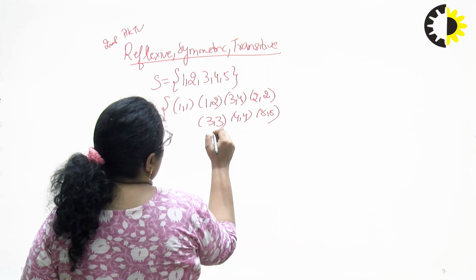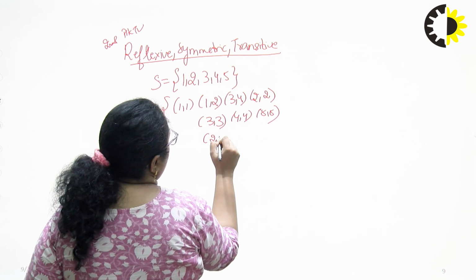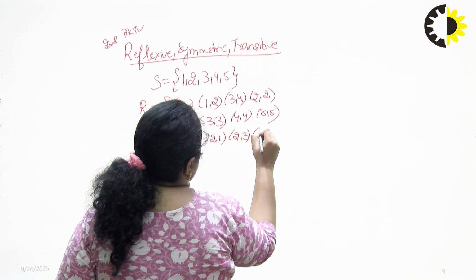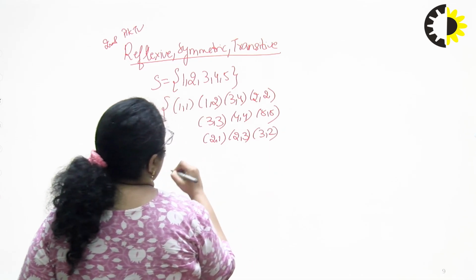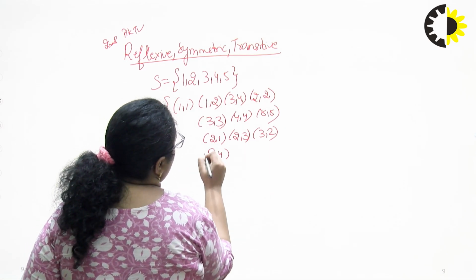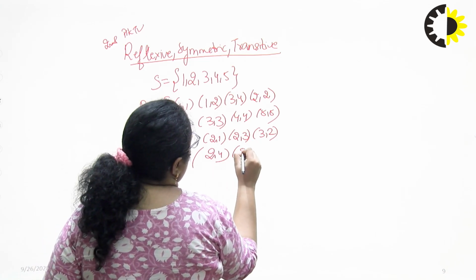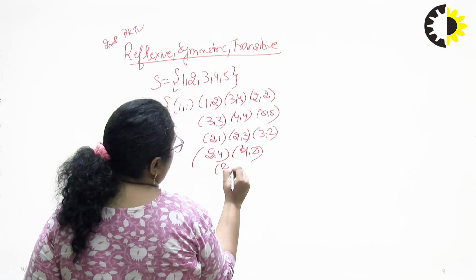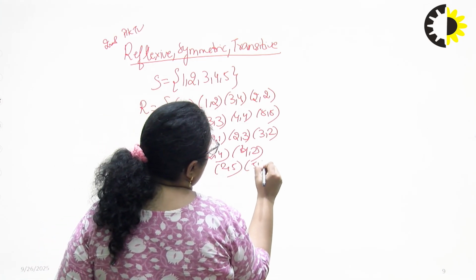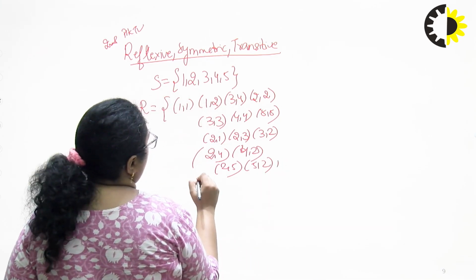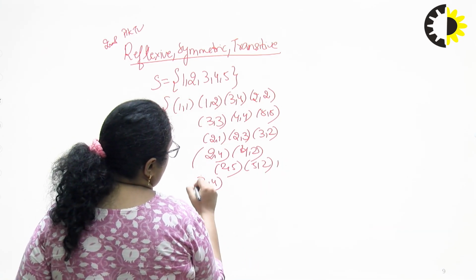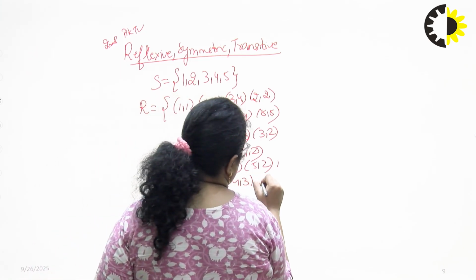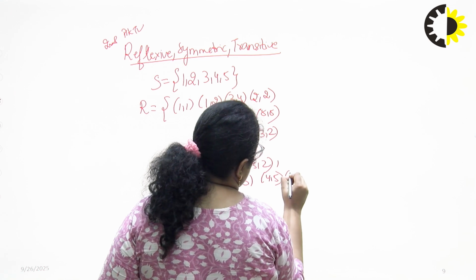then we have (2,1), then (2,3), then (3,2), then (2,4), then (4,2), then (2,5), then (5,2), then (3,4), (4,3), then (4,5) and (5,4).